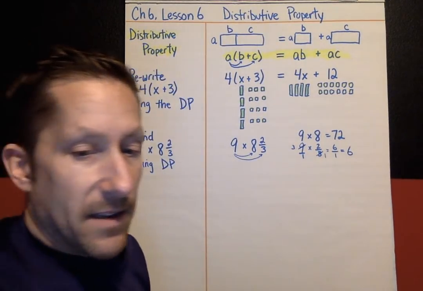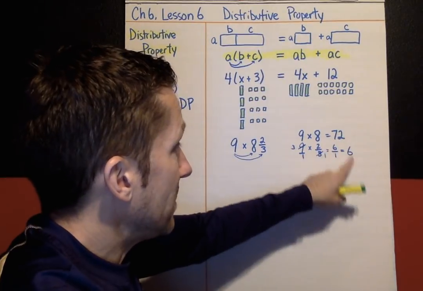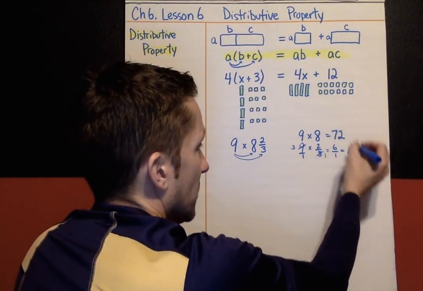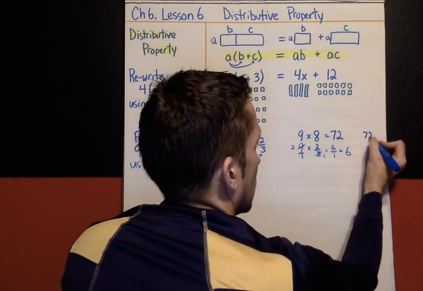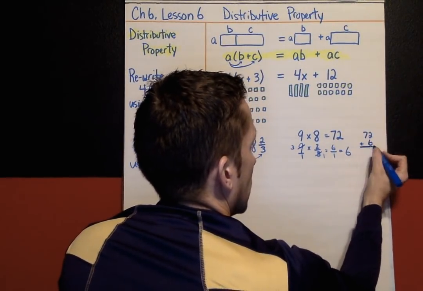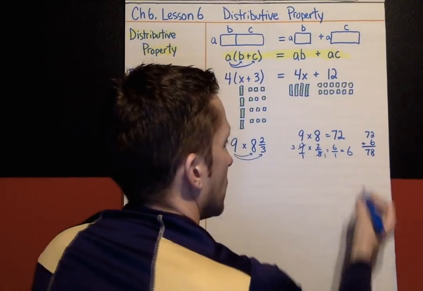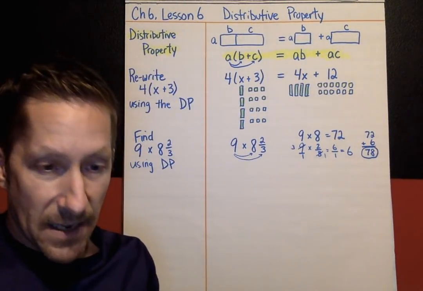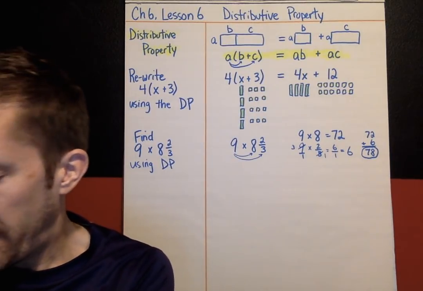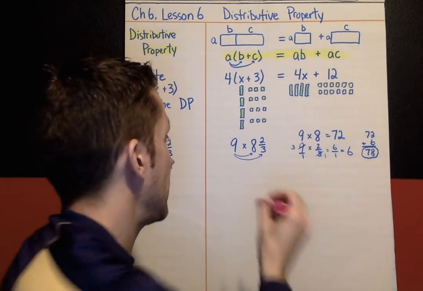And then finally, we just have to combine these two together. 72 plus 6 makes 78, which would be our answer. So let's get some highlighting to show what we just did.